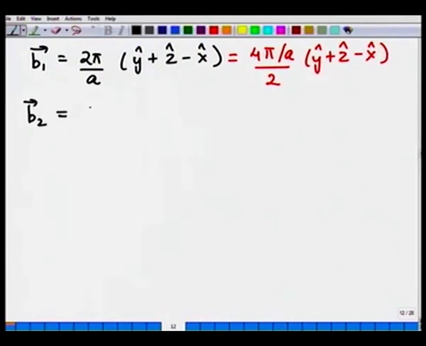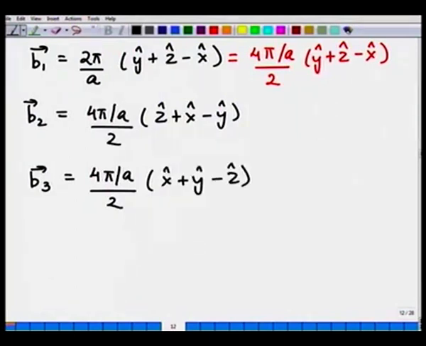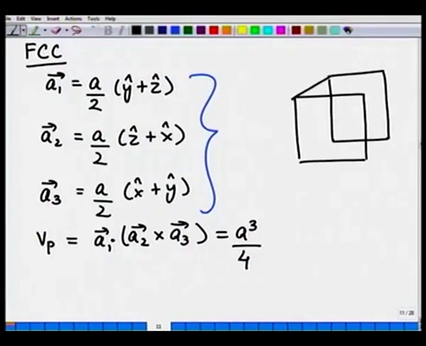I am going to write B2 again as 4 pi by a by 2 (z plus x minus y), and B3, which I presume you can now do very easily because the formulas are there, it is a matter of taking cross products, nothing else: (x plus y minus z). Now, what does that look like? These lattice vectors give you FCC.